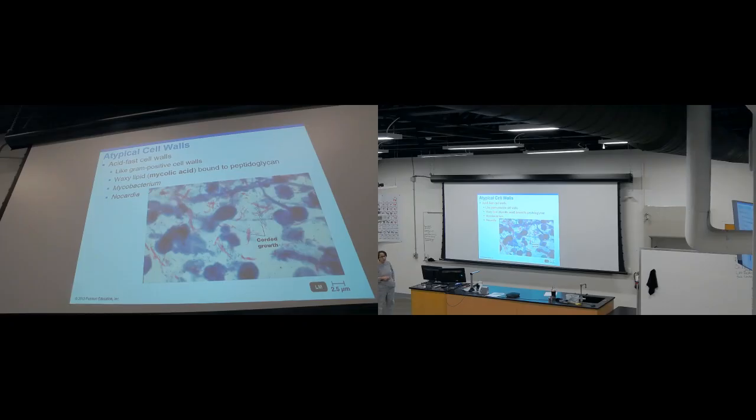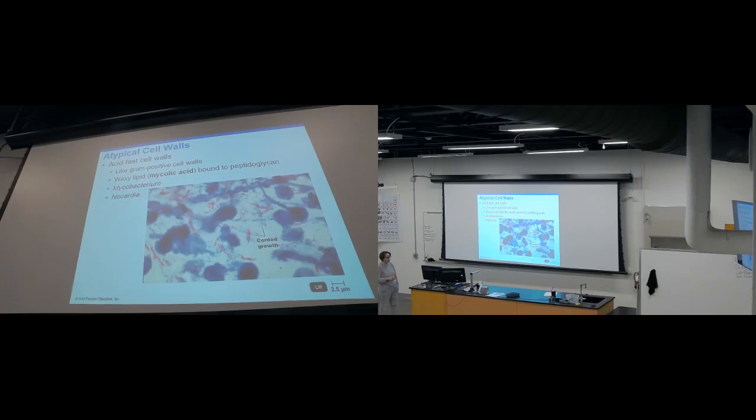One way you can see it in the microscope is when they pick up the carbolfuchsin stain, which is a red stain that makes them look red. Then the cells that are not acid-fast will stain with methylene blue, which is the counterstain.